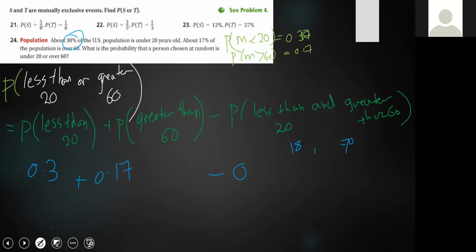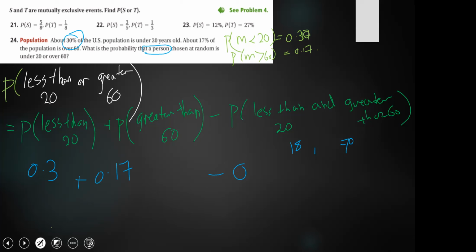But teacher, how did you know that the question is telling you one person, not two different people? From here, a person is chosen. A person is chosen. So I'm talking about only one.